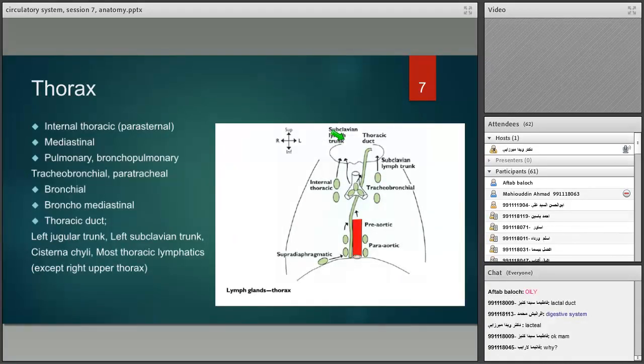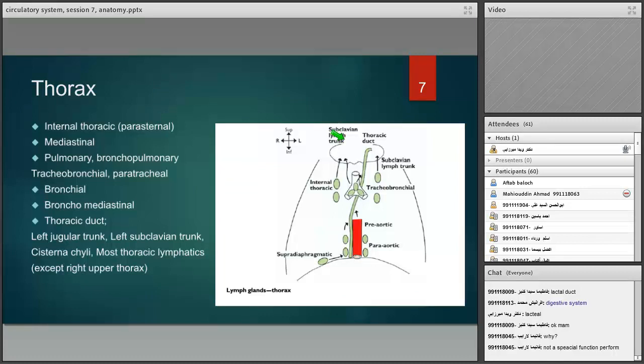After that, the lymph will enter the thoracic cavity, and its name would be thoracic duct.